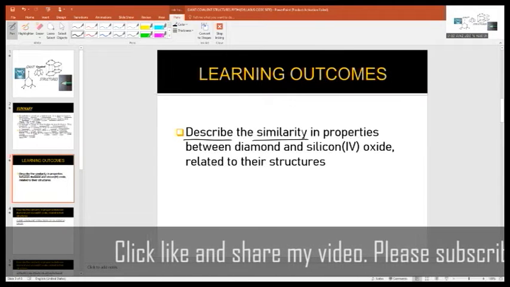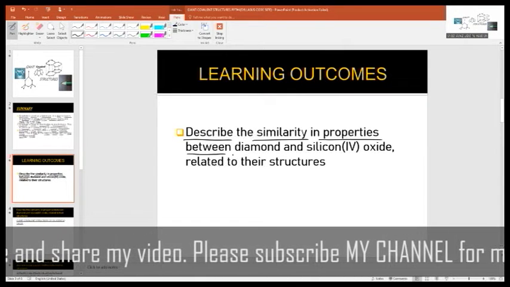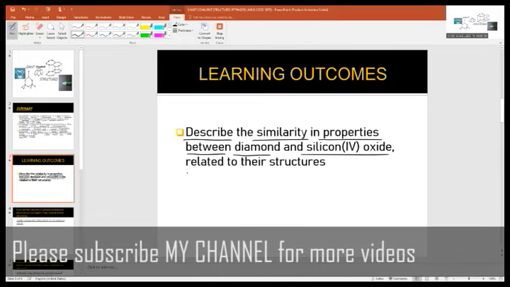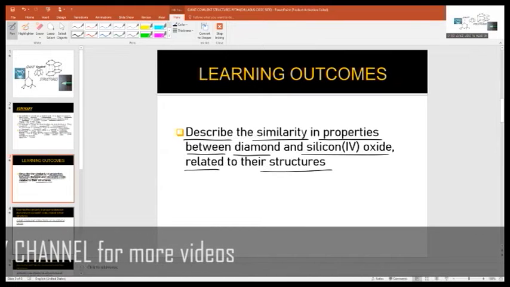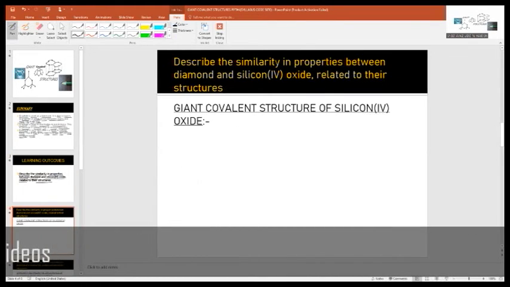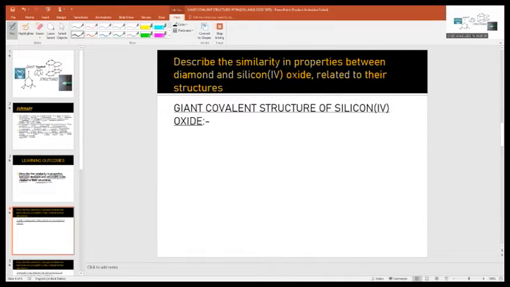Describe the similarity in properties between diamond and silicon(IV) oxide related to their structure. First, I will draw the structure of silicon(IV) oxide. Recall the structure of diamond.